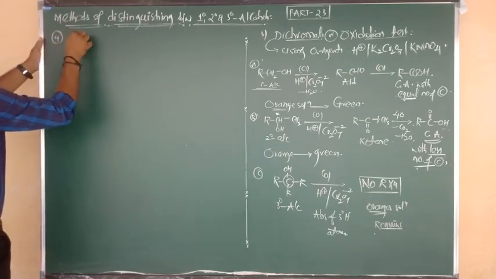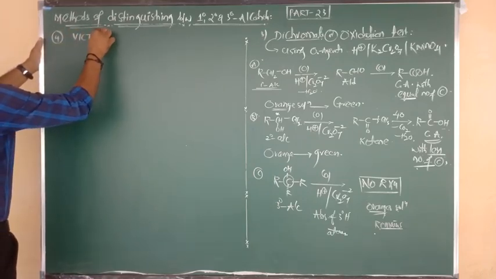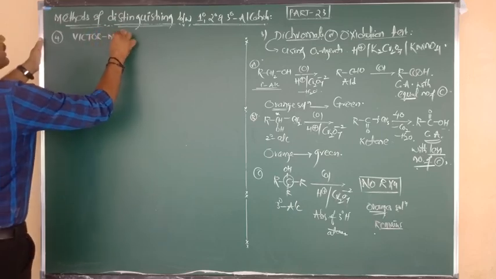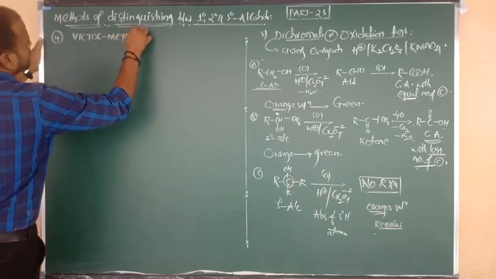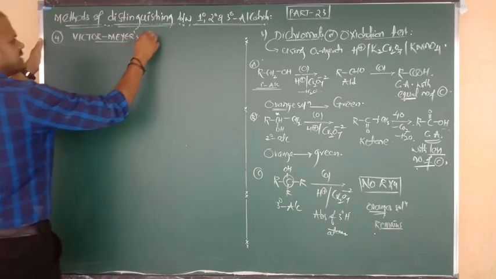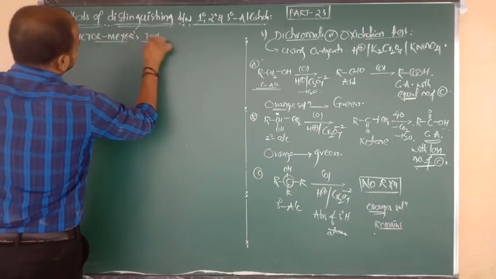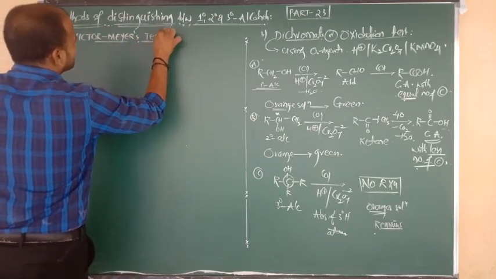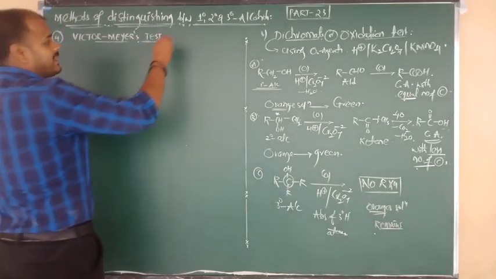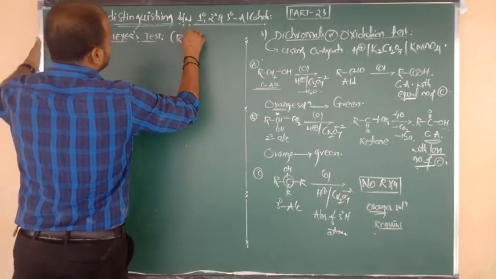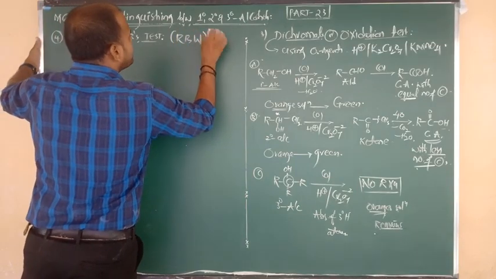Fourth method, the Victor-Meyer test. Another name of the Victor-Meyer test, this is important for you, is the RBW test.